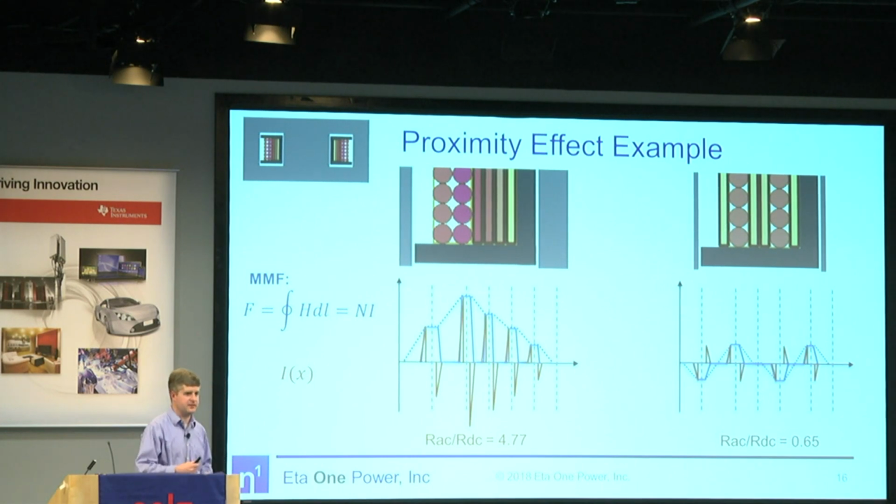And we don't have any reversing currents or currents that are flowing the wrong direction. And here our AC to DC ratio is only 0.65, so we get a significant improvement. So that's something to consider. Of course, this makes your capacitances, which we'll get into in a second, much worse.